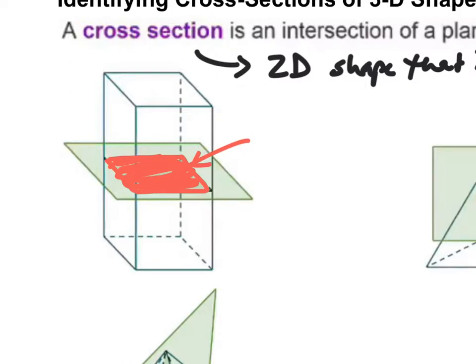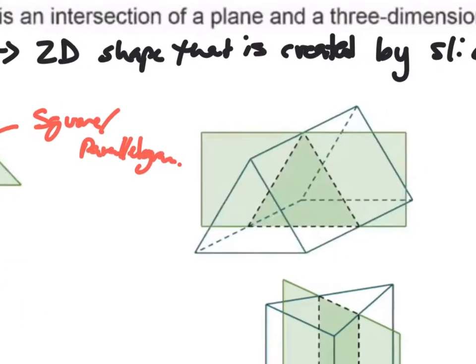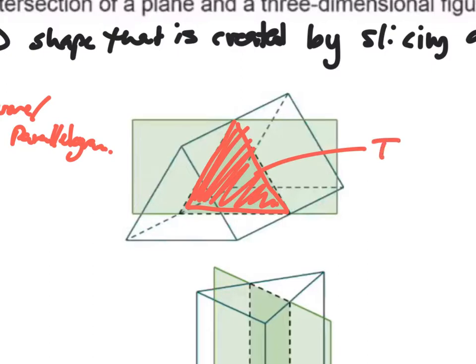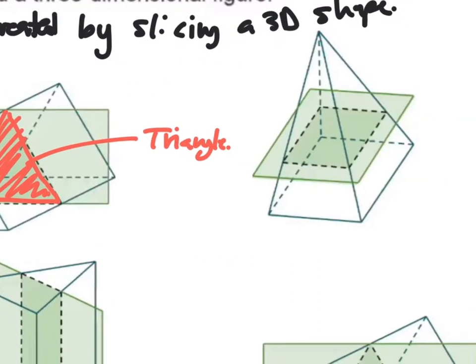So this two-dimensional shape would be, let's just call it a square for now, square slash parallelogram. If I were to do the same thing on a triangular prism, a vertical cross section, this would give me a triangle. And it's all about your ability to name these cross sections.